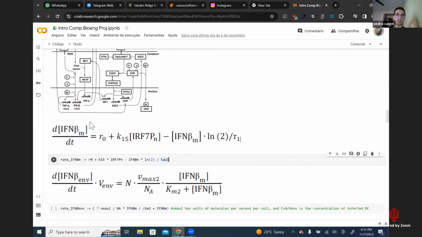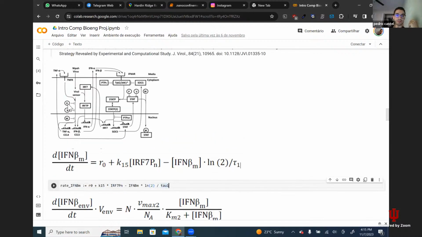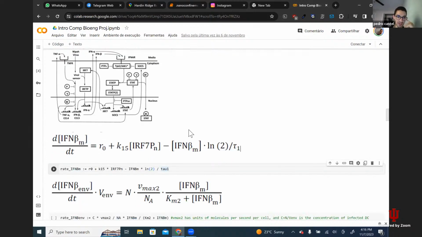I didn't go as far as the P, V, and W proteins from the Nipah virus interacting with this network, because I will, in the future, focus on influenza, which does not have P, V, and W. But I will surely take a look at how they do it later.